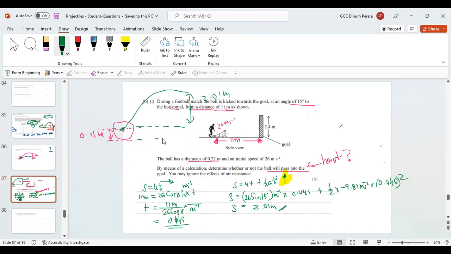So to see the actual height, you should at least add 0.11 meters.